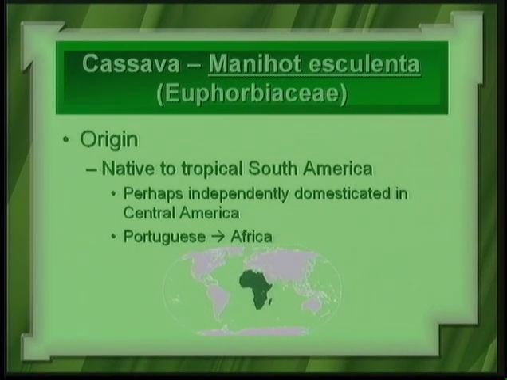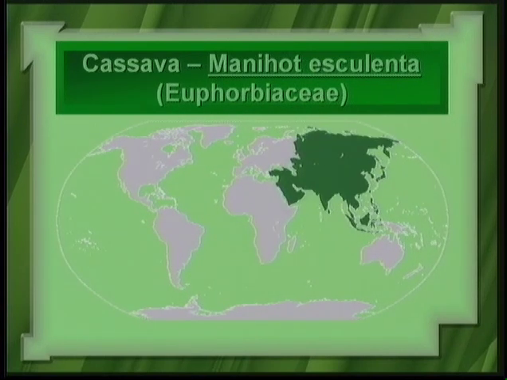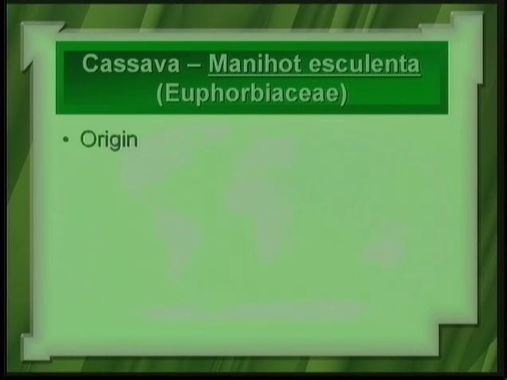From the Americas, the Portuguese took it to Africa, where right now it's a very important source of starches. The Portuguese also took it to Asia, because you had the Dutch East India Company, something like that. So the Portuguese were responsible. So here we have Asia.